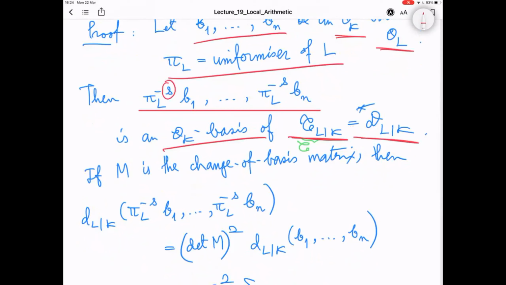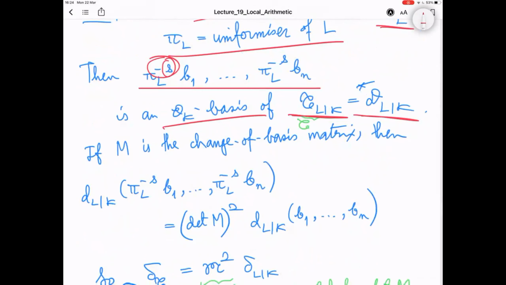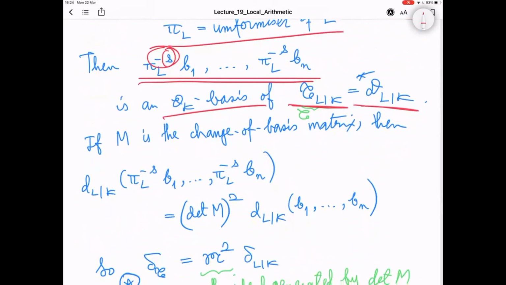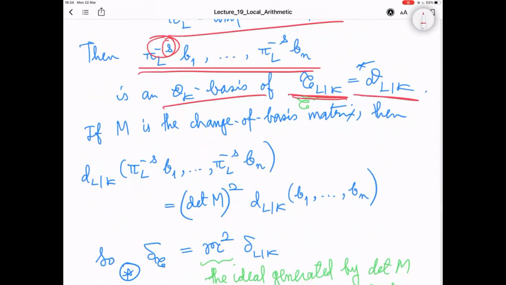Because this S is the exponent of the different. So in some sense, the exponent of the complementary ideal is minus S. So when I multiply by pi_L to the minus S, I get a basis of the complementary ideal of the different.